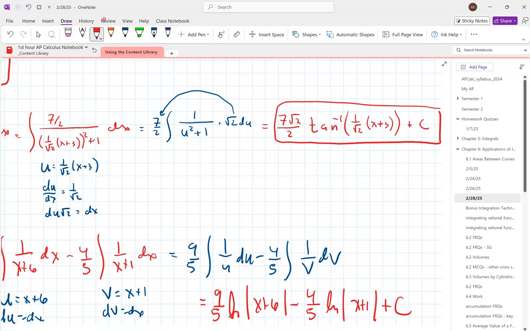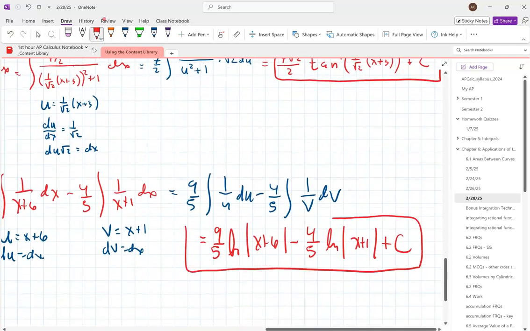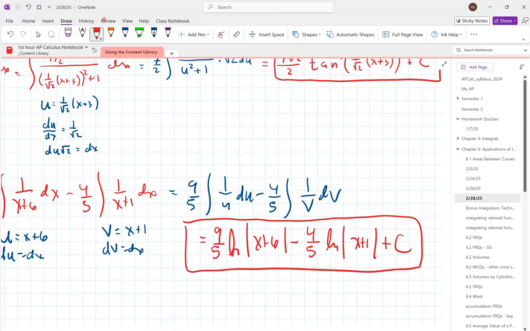And that can be done on a free response section. There's no need to simplify that any further with your logs or whatever. If it was a multiple choice, you could combine that together using your rules of logarithms, and you could write it that way, or put a big fifth root around the whole thing, but you're just talking about rearranging at that point.